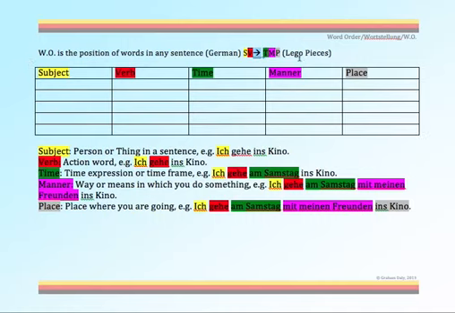And you can't have subject and verb, then the grey piece, then the green piece, then the purple piece. It must be green, purple, grey: time, manner, place, like Lego pieces.